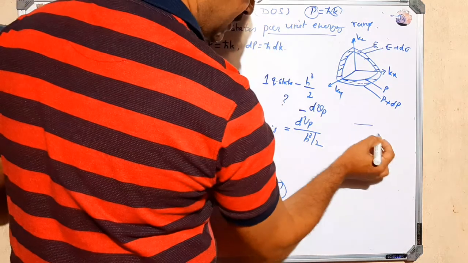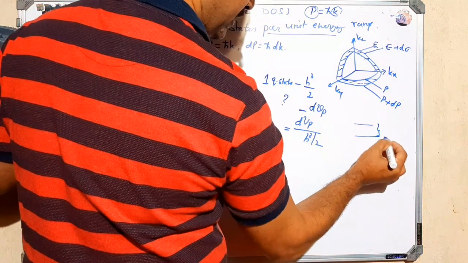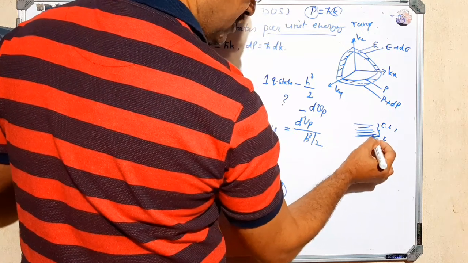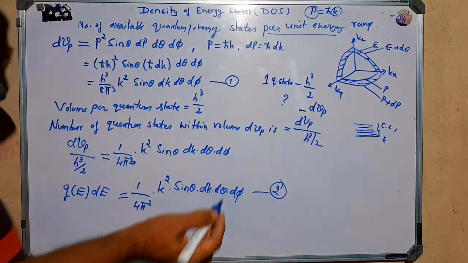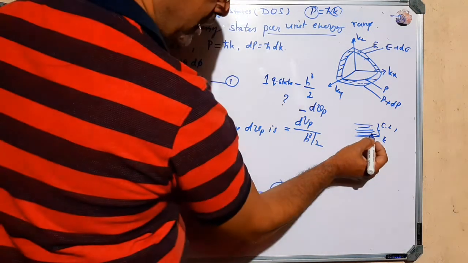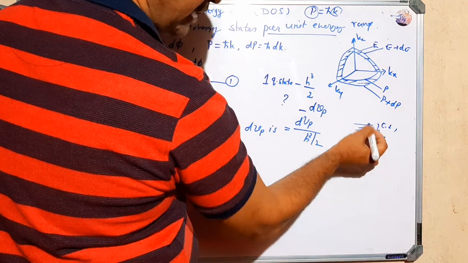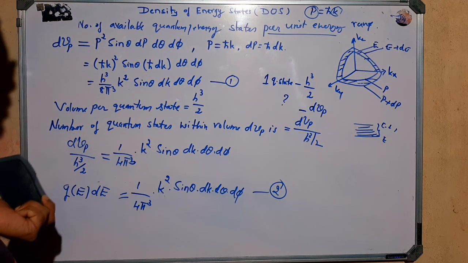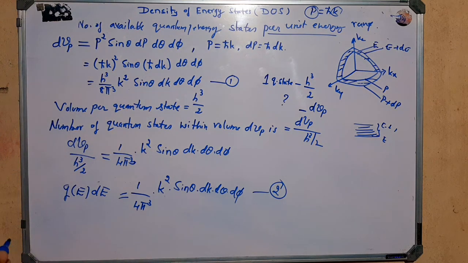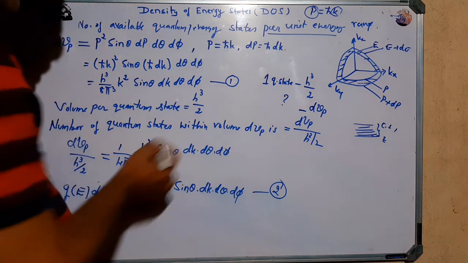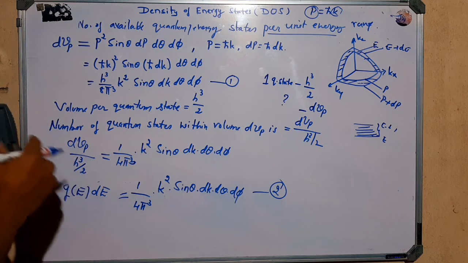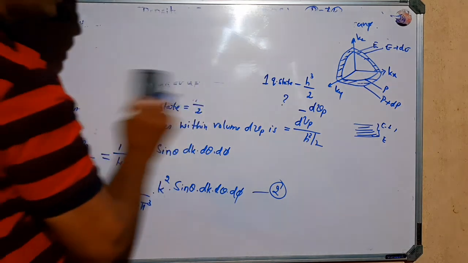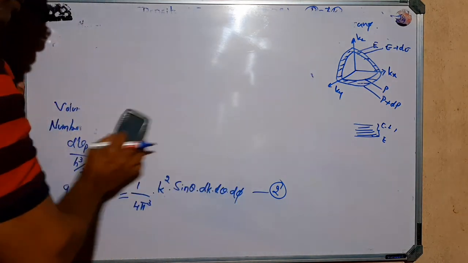If the unit energy range from E to E plus 1 is divided into n intervals, each interval equal to dE, you have to add the available energy states in the n intervals. Since the interval is very short, you have to go for integration with respect to theta and phi. So, in order to evaluate the density of energy states, you have to integrate equation number 2.